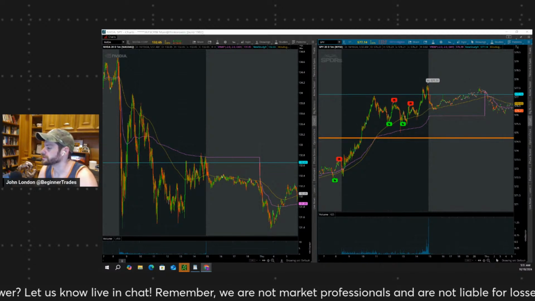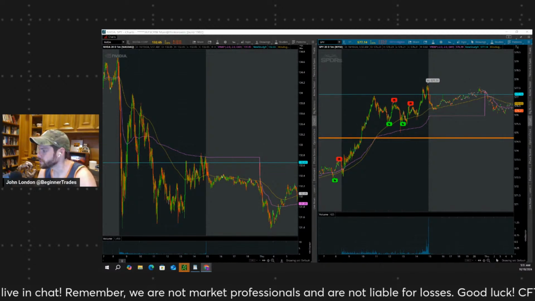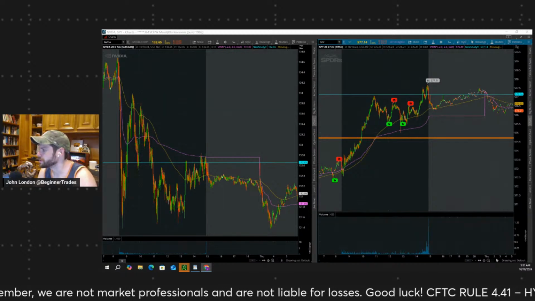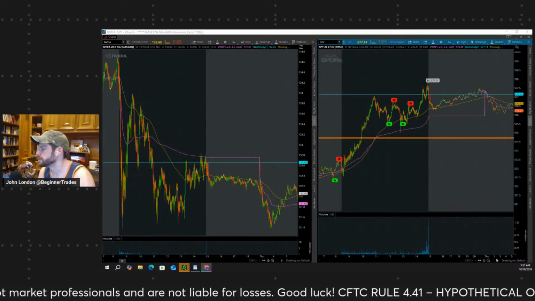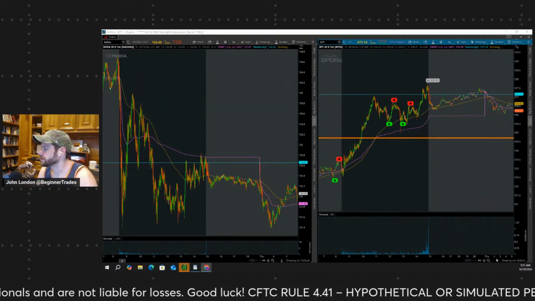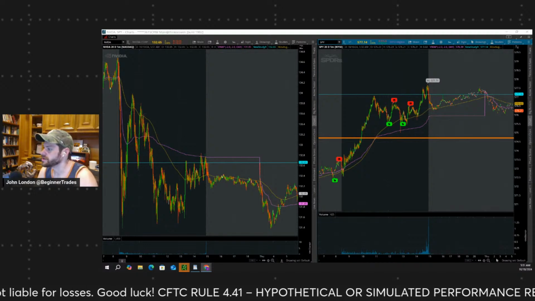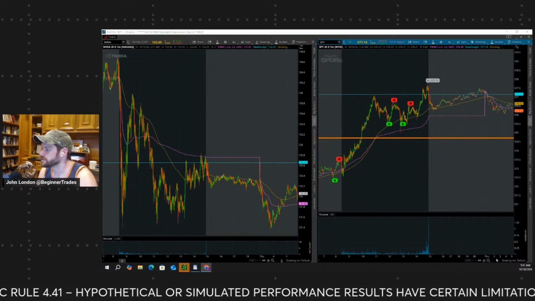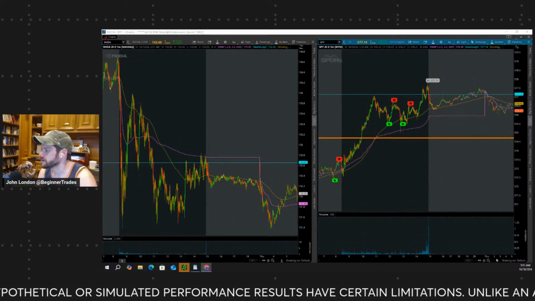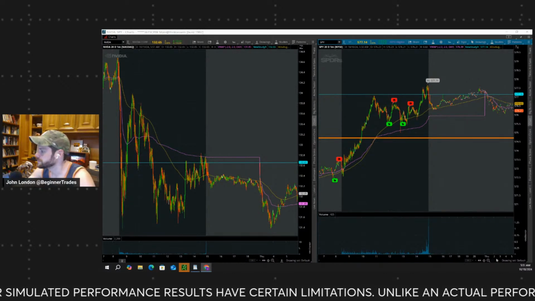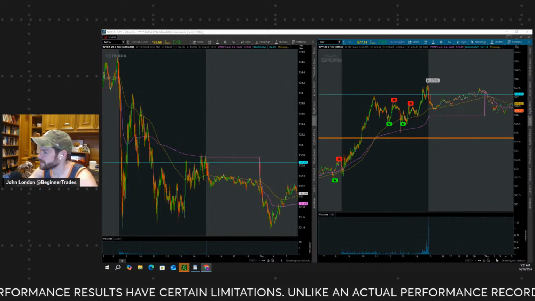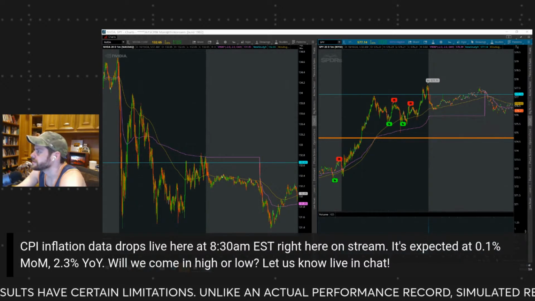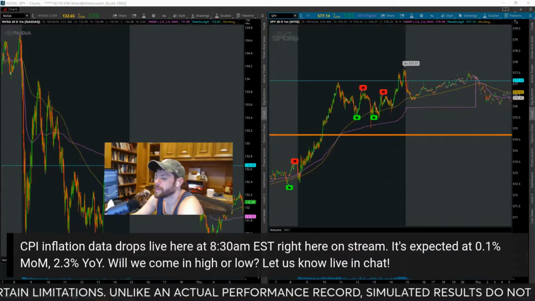It's expected 0.1% month over month, 2.3% year over year. Will we come in high or low? Let us know live in chat. So that is the expected numbers here.